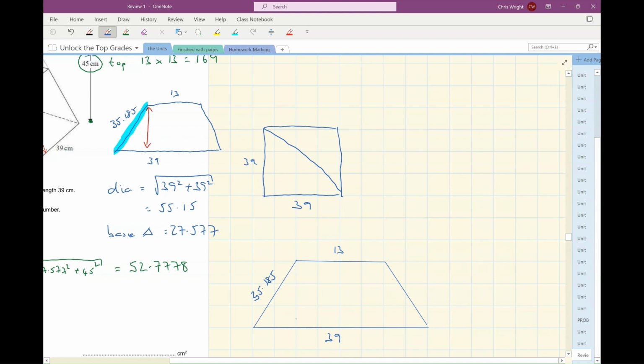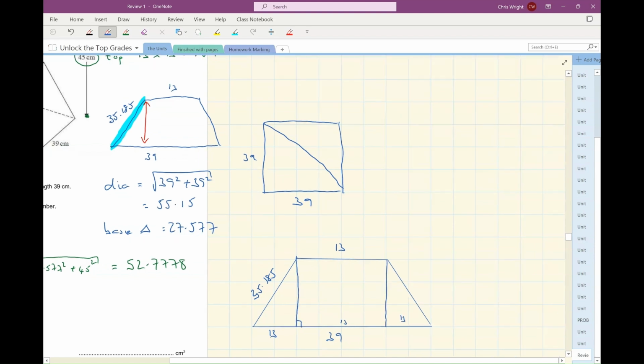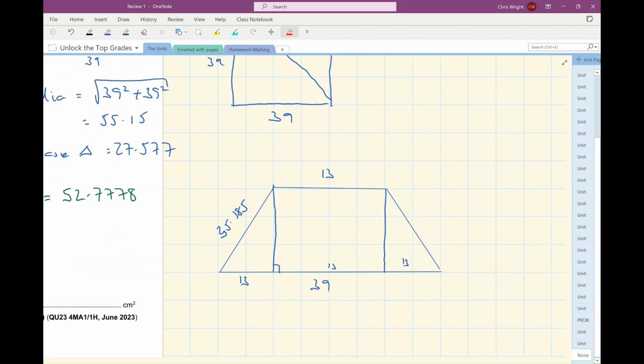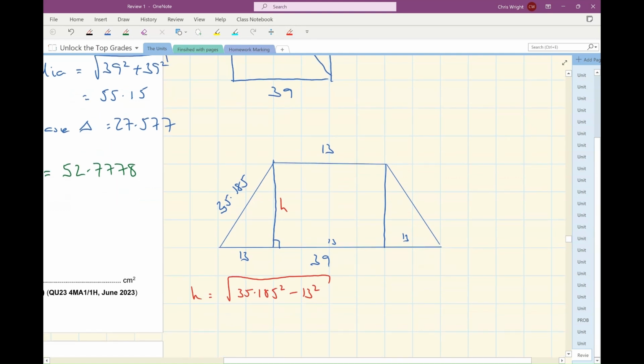Right, if I drop a perpendicular there, then I have got a length of 13 here, 13 in the middle, and 13 there. So my height here of the trapezium, which I call h, is the square root of 35.185 squared minus 13 squared. I've still got 35.185 on my calculator, so I'm going to square that, equals, minus 169, equals, square root, answer, equals. So the height is 32.6955.